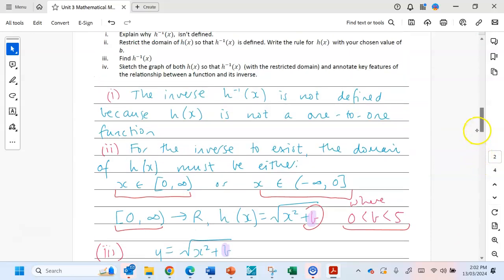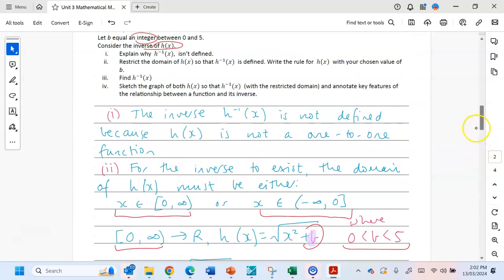All right, moving along, part 4. Sketch the graph of both h of x and the inverse of h, not the inverse with restricted domain, and annotate key features of the relationship between the function and its inverse.